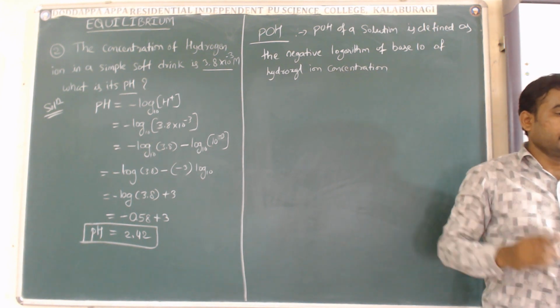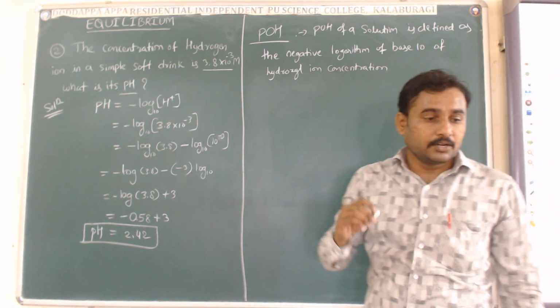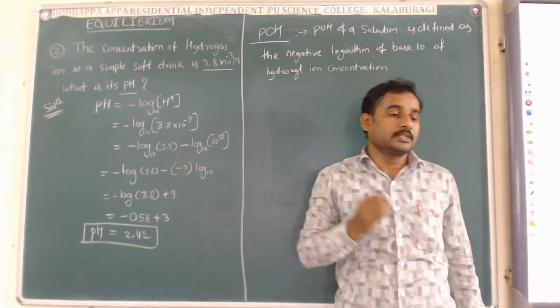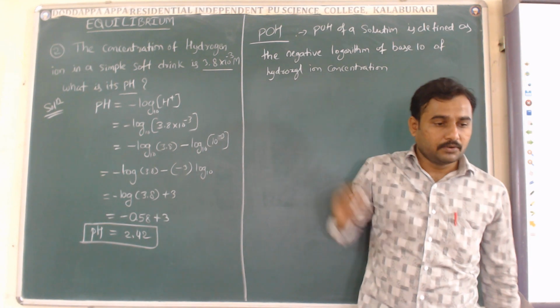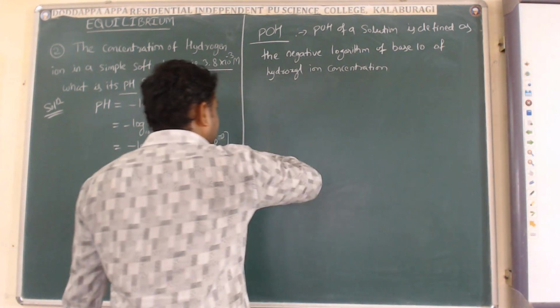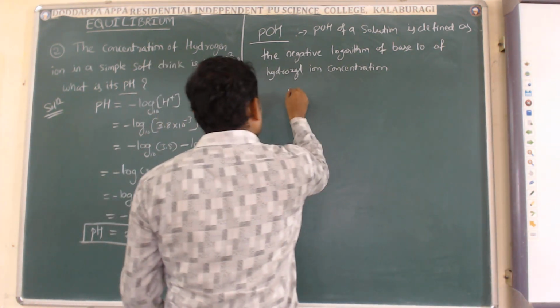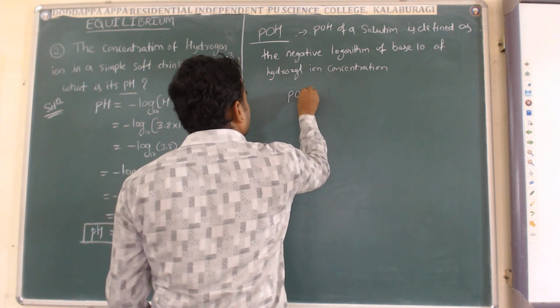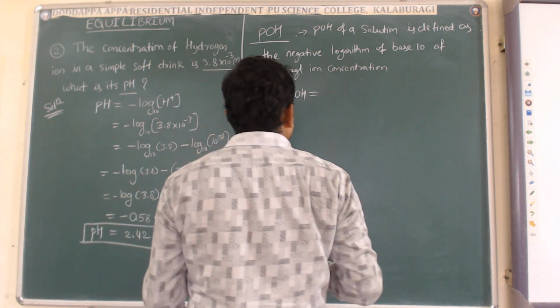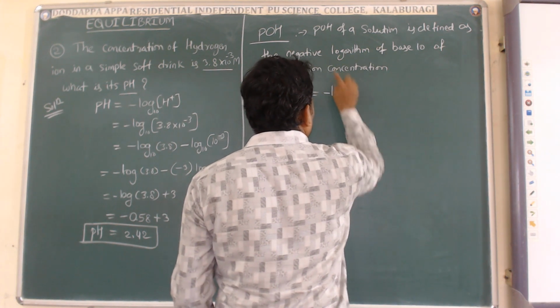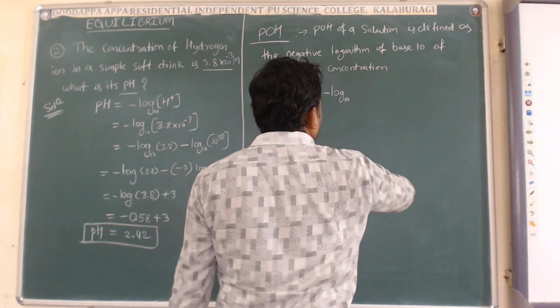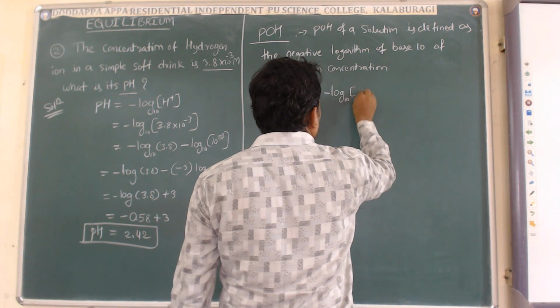In the pH we are writing the hydronium ion concentration or hydrogen ion concentration, but here you have to write the hydroxyl ion concentration. So what is the expression? pOH is equal to negative log to the base 10 of the hydroxyl ion concentration.